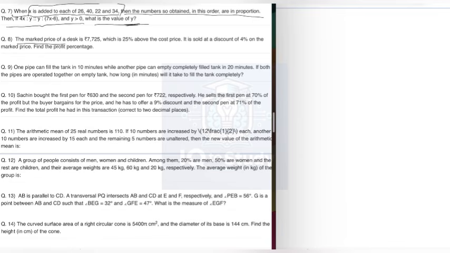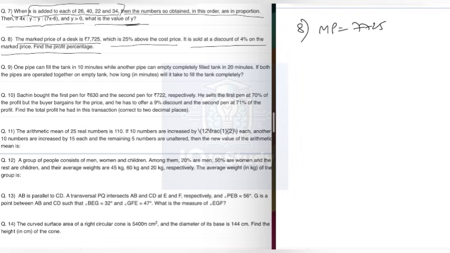The market price of a desk is 7,725 rupees, which is 25% above cost price. It is sold at a discount of 4% on market price. Find the profit percentage. Given market price is 7,725 rupees, which is 25% above the cost price.